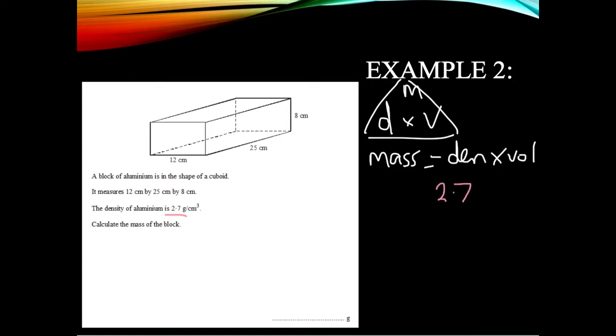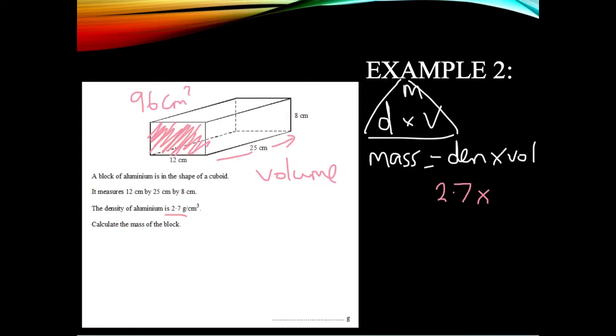Let's work out the volume of the cuboid. It's these three sides multiplied together, or if you prefer, we work out the area of the face and multiply it by how deep this shape is. The area of the face is 12 times 8, which is going to give me 96 centimetres squared.